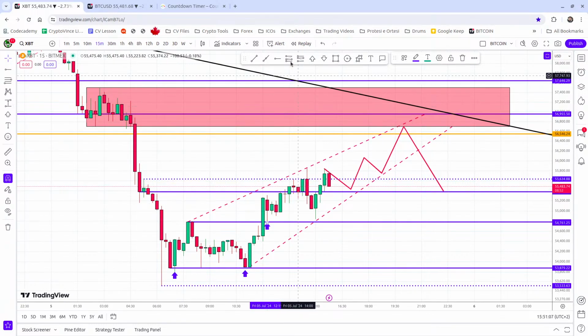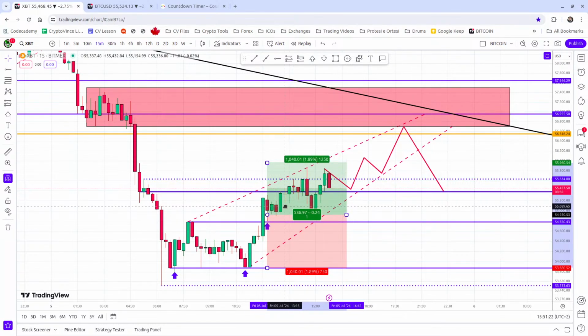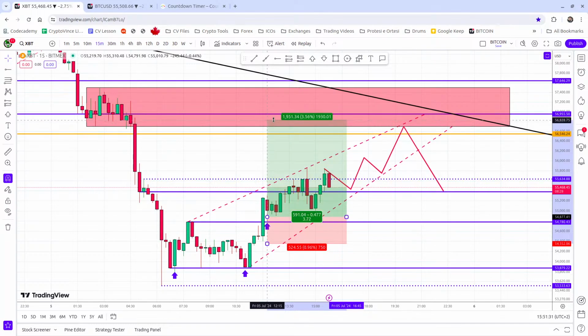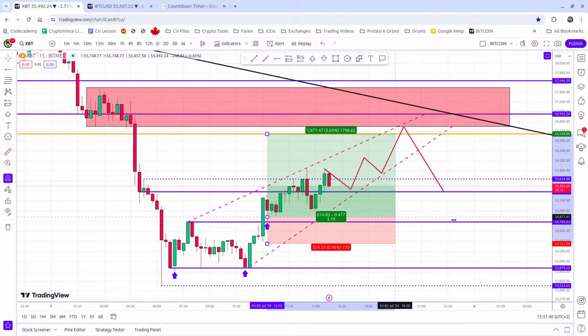Let's see what kind of trade I could have had if I entered here on the bounce, or even on this candle a little bit above. Place a stop below the low here, all the way back up to my orange. That was a nice 1.3 risk and reward ratio trade.